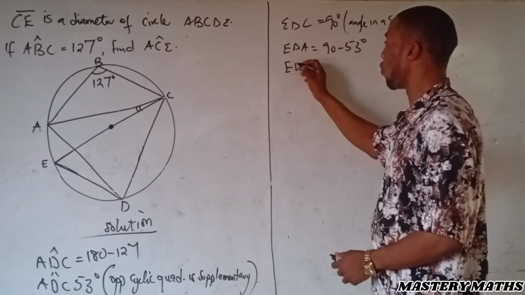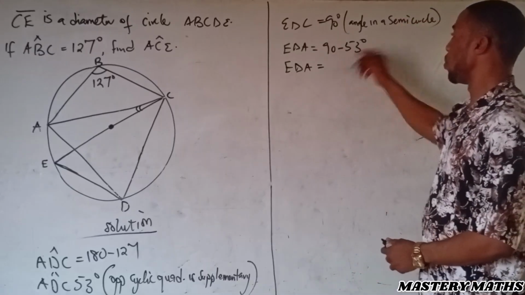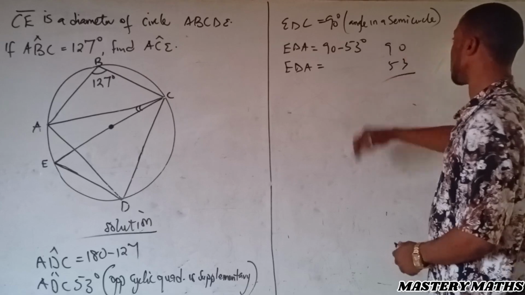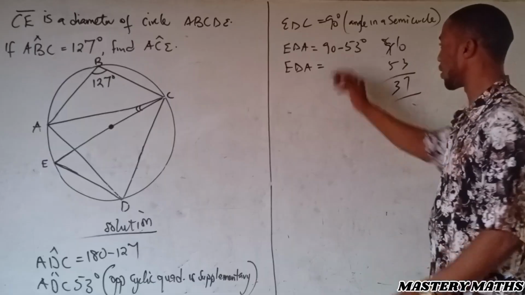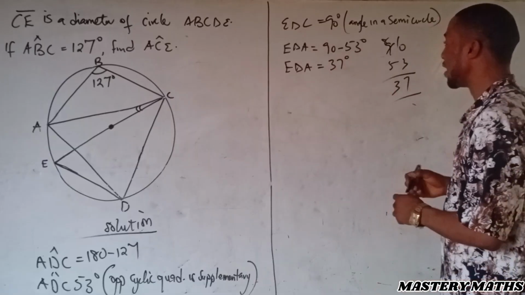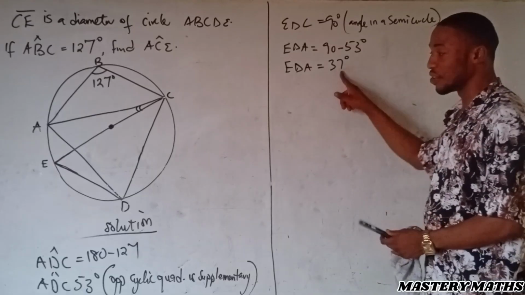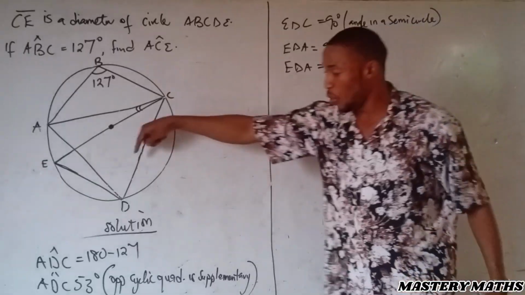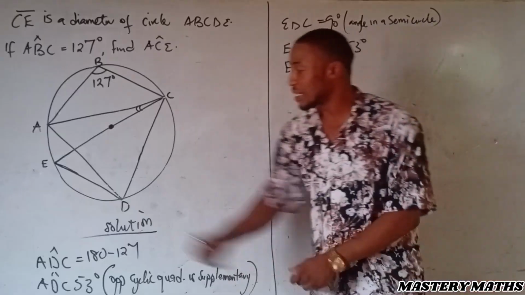Remember, I told you we are looking for one angle, so you do 90 minus 53. Here is 8, here is 1, 7, here is 3. Here will be 37 degrees. Since we have two angles here, we subtracted one from the other and got 37 degrees.